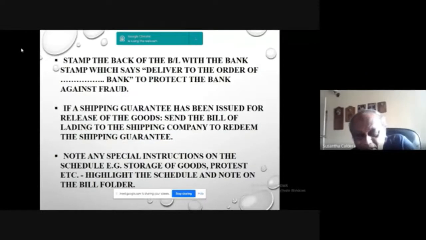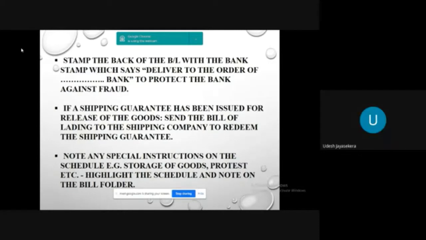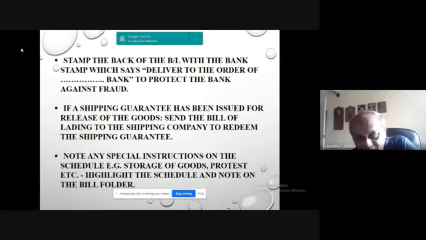But if the customer wants to get the goods, then it has to be delivered to the order of ABC company, that particular customer's name. So if you lift the document and give it to the customer, can the customer go to customs and get the thing cleared? Because it is not endorsed. What do you think?